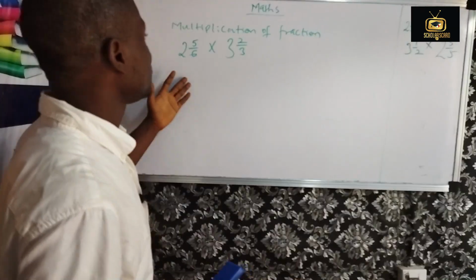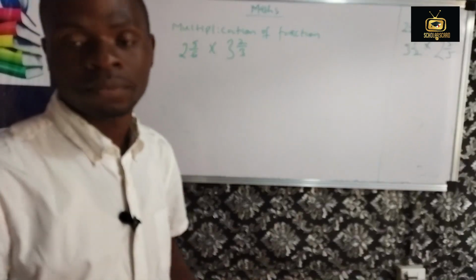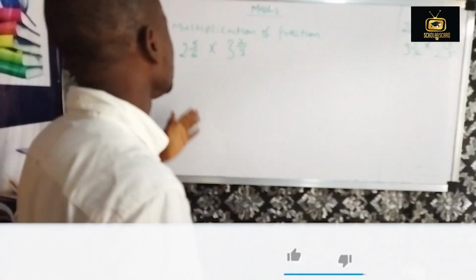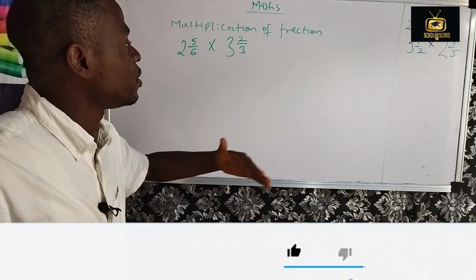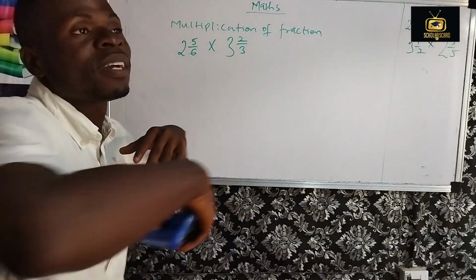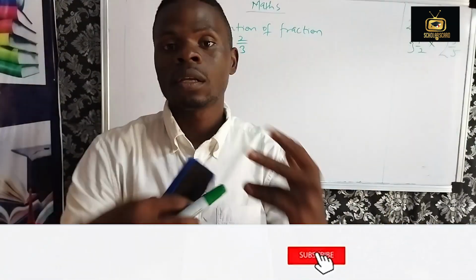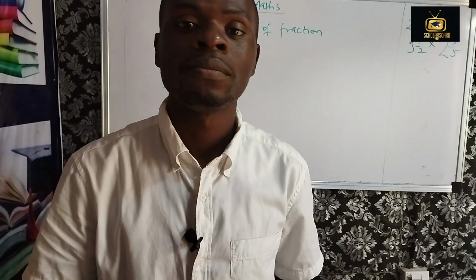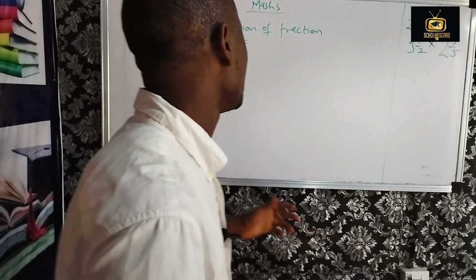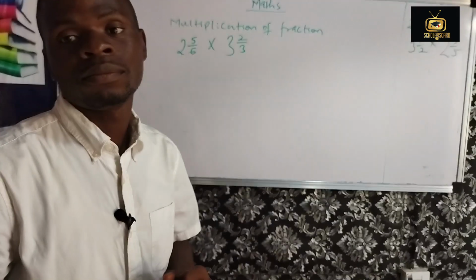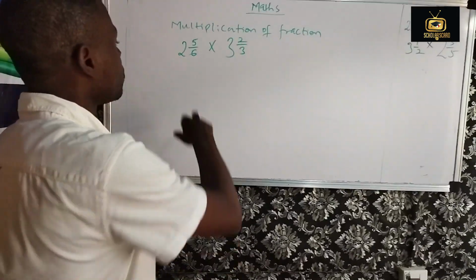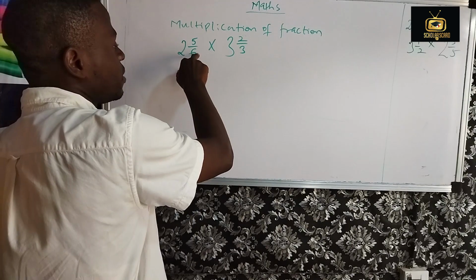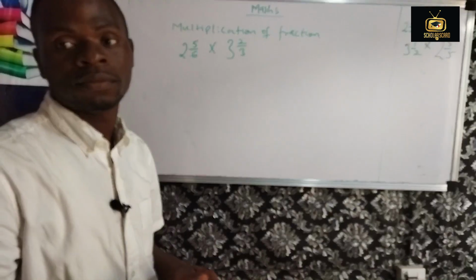Now, in a case like this, it is multiplication of fractions, and you are going to express the mixed numbers as improper fractions. How do you express them as improper fractions? You multiply 2 times 6 plus 5.